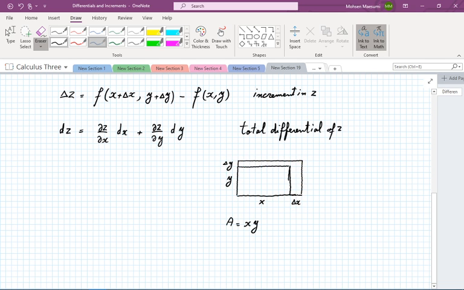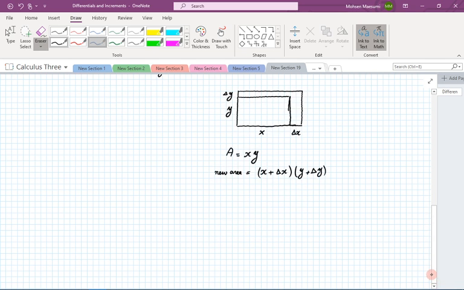So my new area, the bigger rectangle, is going to be now the x side increased to x plus delta x, and the y side increased to y plus delta y.